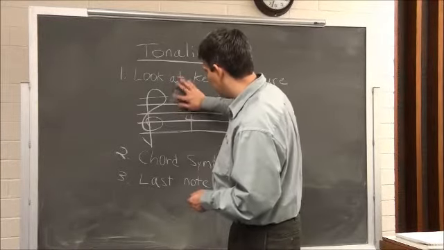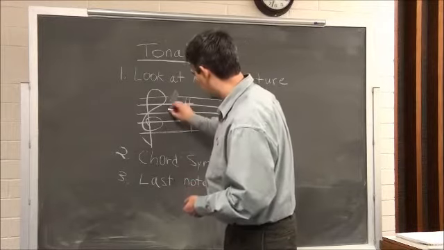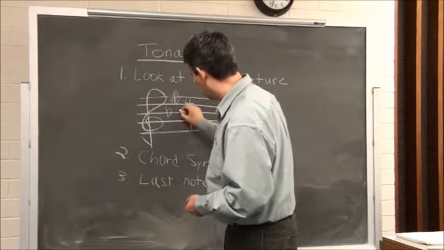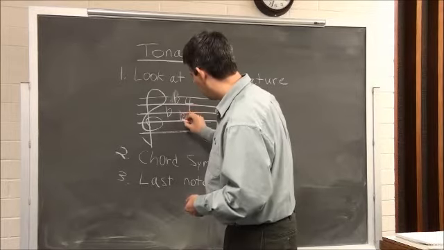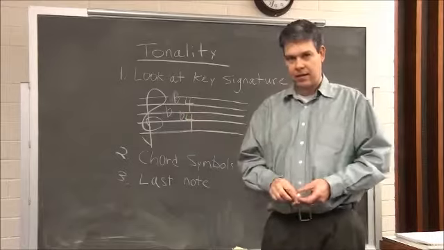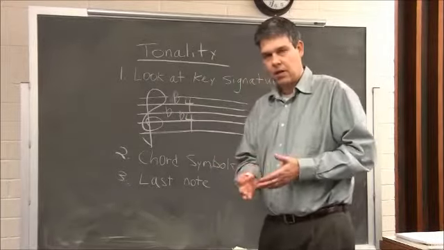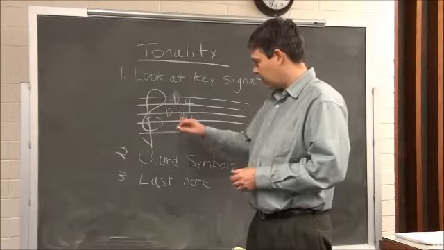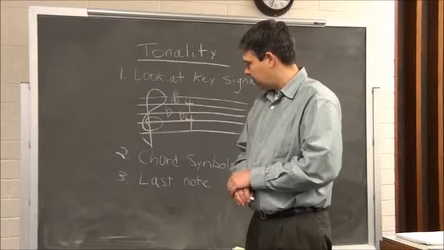Let's do one with some flats here. So we have 1, 2, 3 flats, B flat, E flat, and A flat. And again, you'll learn more about key signatures when you go through that section. But B flat, E flat, and A flat, we have 3 flats.